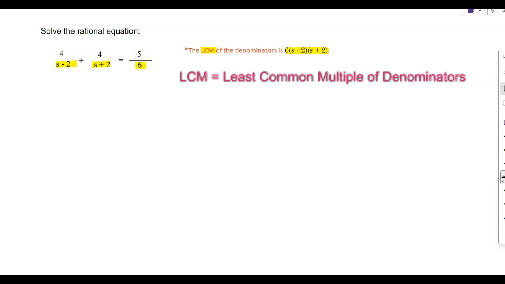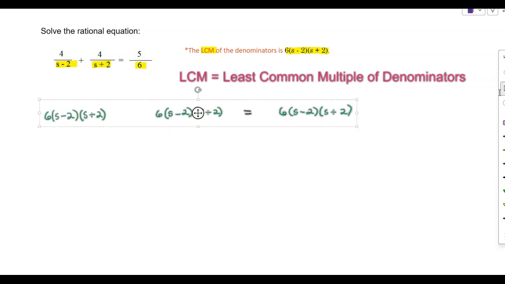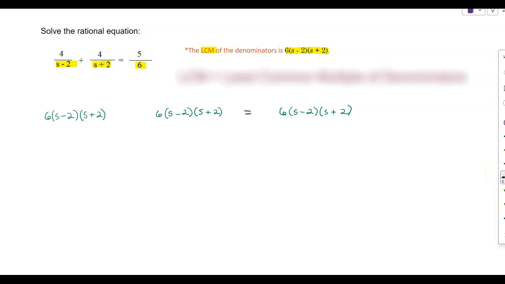Now, if you're just tuning in with common denominators, we are not actually going to put everything over the common denominator. We're going to take this common denominator and distribute it into the entire equation. So if you look here, you'll see that we have 3 terms on both sides of our equal sign.